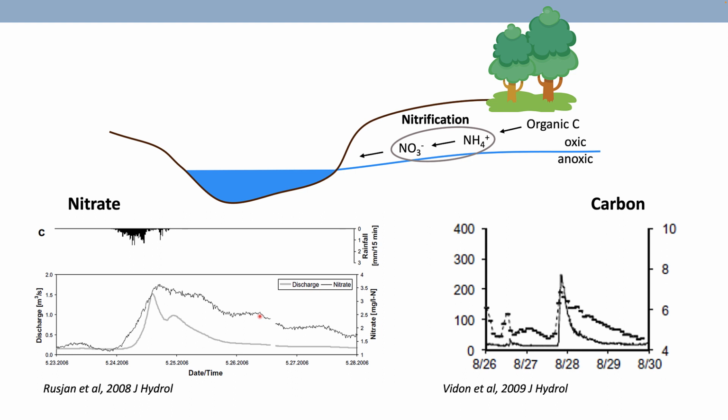Another example, with a similar kind of pattern, looks at carbon. Same kind of idea, but in this case we're seeing dissolved carbon also being moved through the subsurface and into the stream. So we see similar behavior. It doesn't often tail off quite as quickly because we have a lot of slow, leaky nutrients and carbon coming out of these soils.